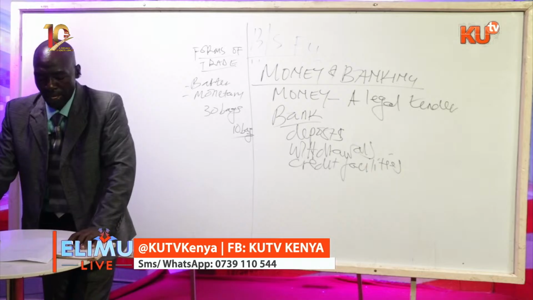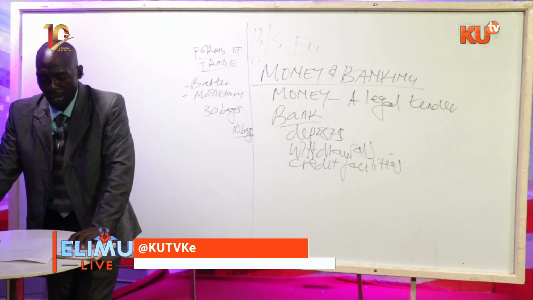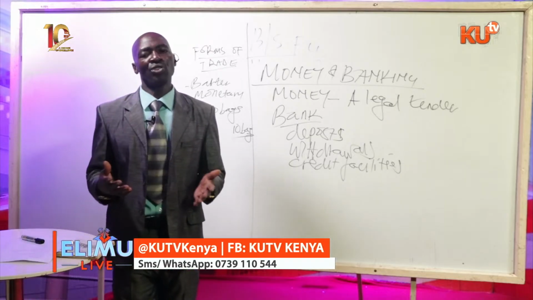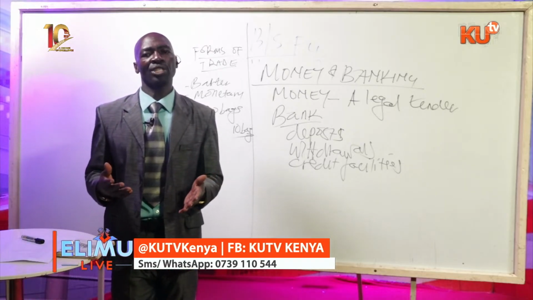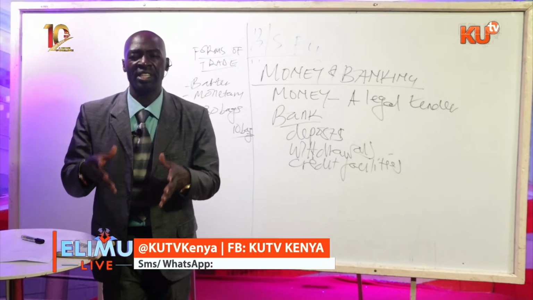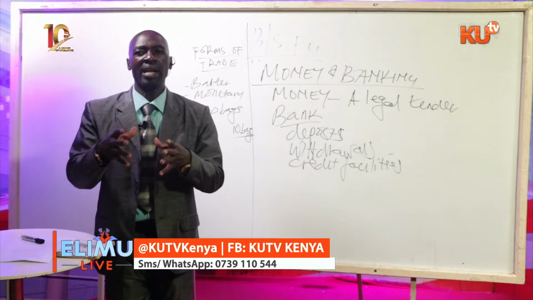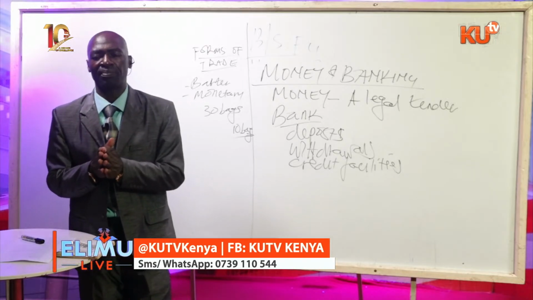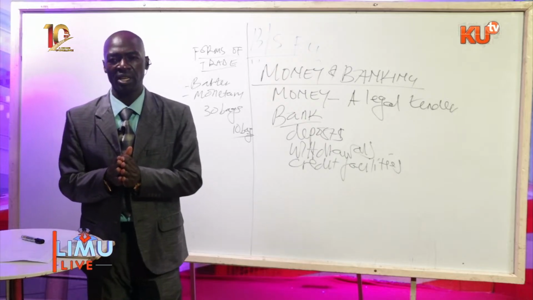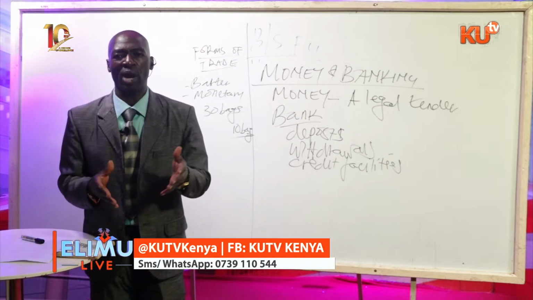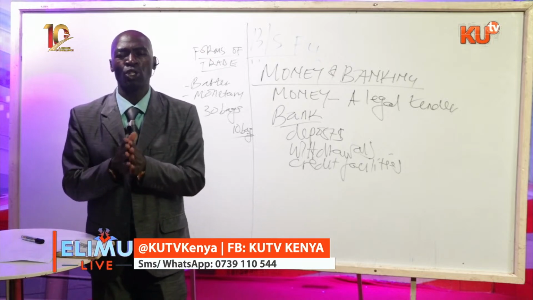And then again, we can talk of barter trade promoting social relationships. For you to exchange a commodity with another commodity, you needed to know the person you were exchanging with. And in the process of exchanging these commodities, there was communication. So communication was the key. For this communication, there had to be rapport and a relationship between these two parties.